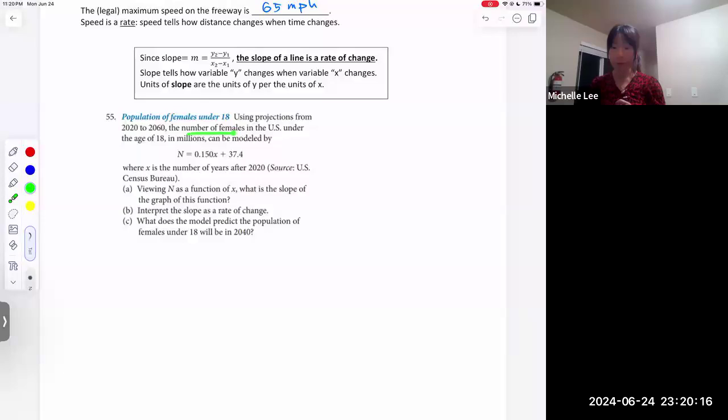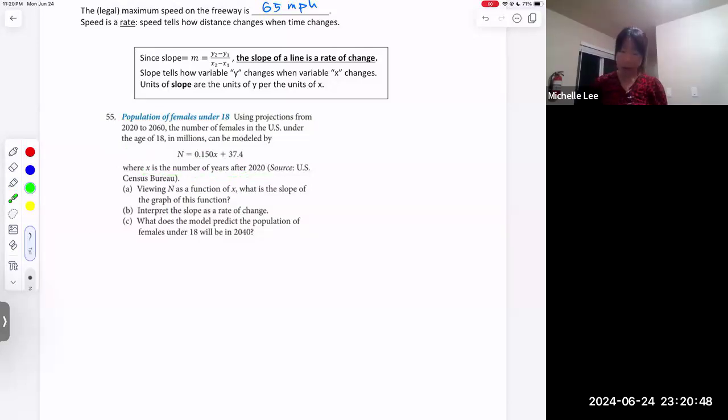The number of females in the US under the age of 18, in millions, can be modeled by N, the number of females, equal to 0.150x plus 37.4, where x is the number of years after 2020.